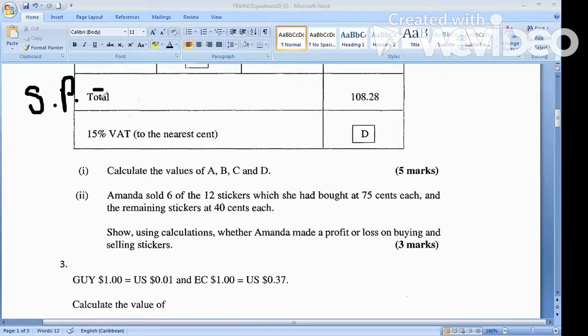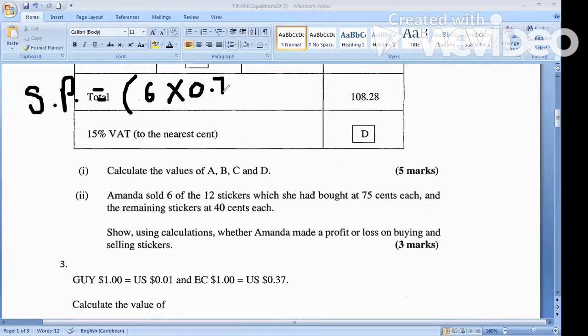So we're trying to find the total selling price. Amanda is going to be 6 times 75 cents. Am I going to put 75 cents there? No, put $0.75. Why are we doing that?